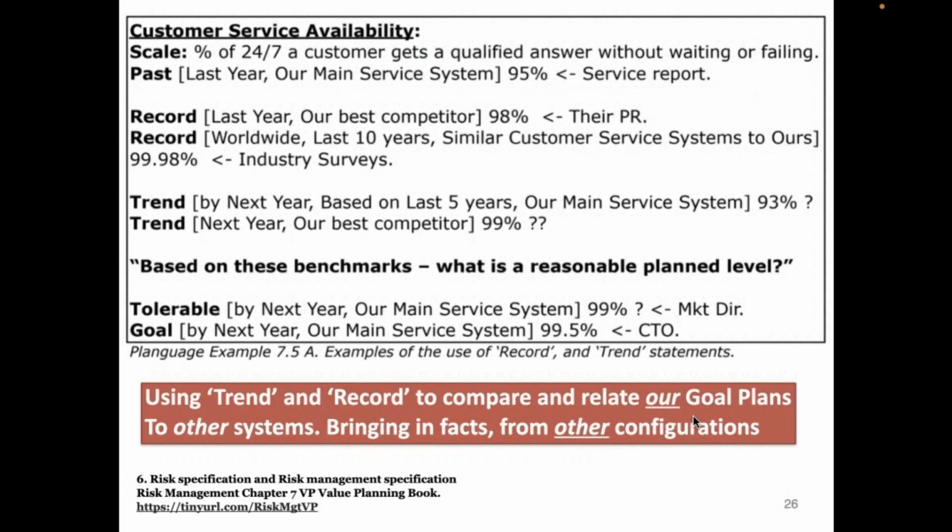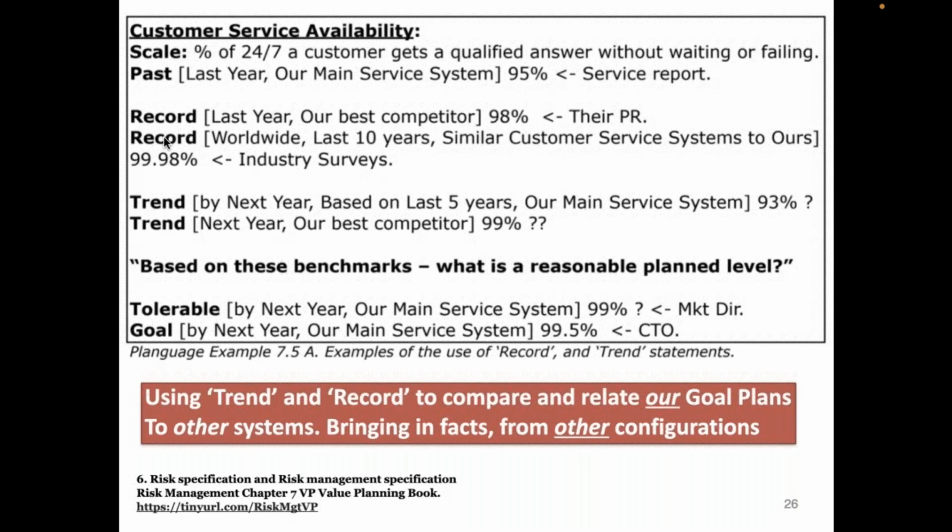And here is another one of the same thing, except in this case, I've brought in some language parameters. One called record, which is like the Guinness record best. So we know it's technically possible for some, like our best competitor, but maybe not for us. Maybe we've even got to be better than our best competitor.